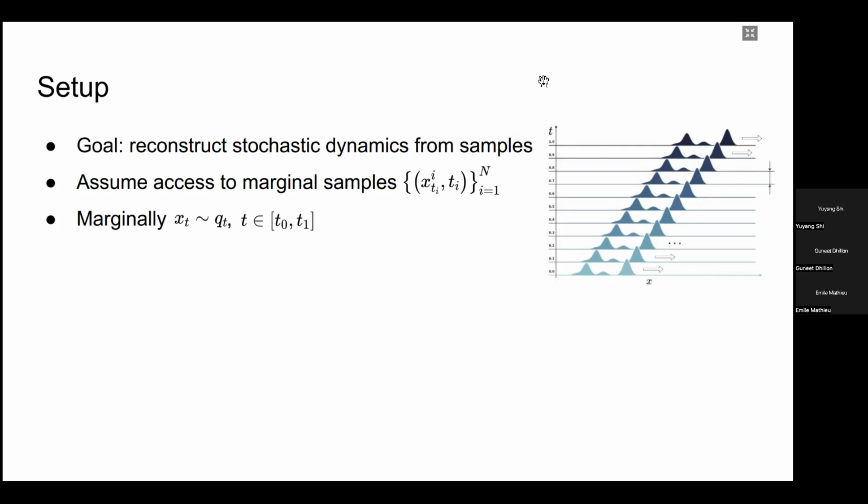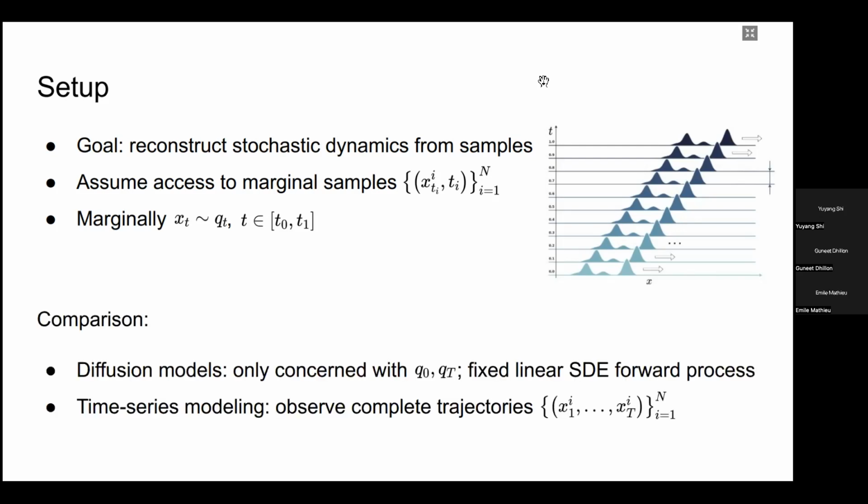The data format is basically data paired with time, and you observe these marginal samples, and the marginal distributions we assume to be QT. In comparison to diffusion models, what's different mainly is that in diffusion models, we're mostly concerned with the endpoints Q0 and QT.